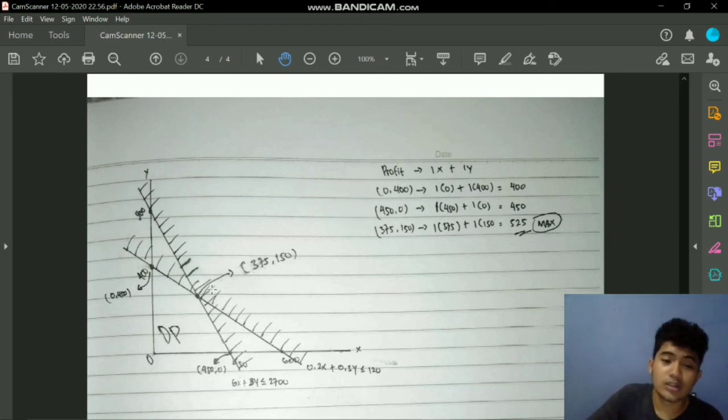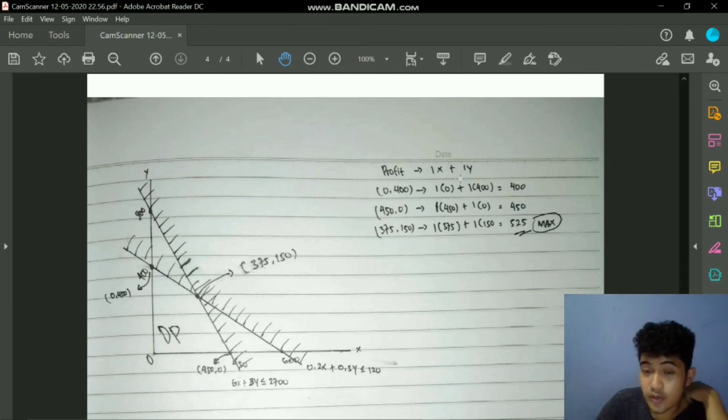And we get the middle point, 375 and 150, and we got the other coordinates to search the profit: 0 and 400, and 450 and 0.